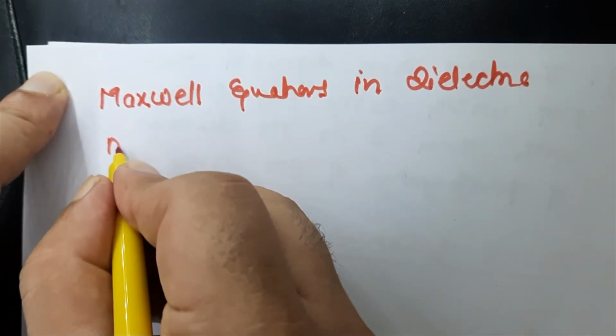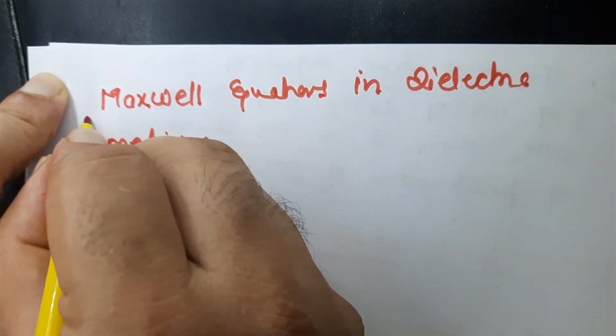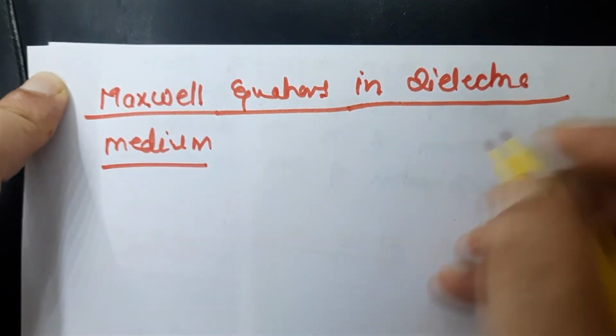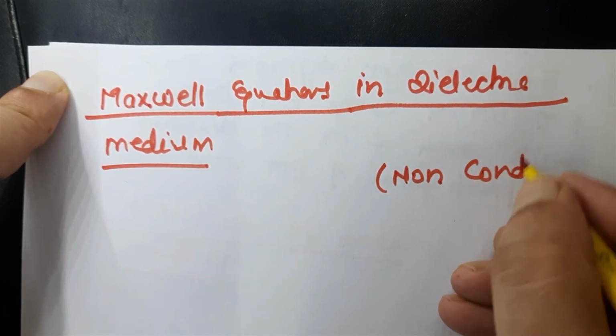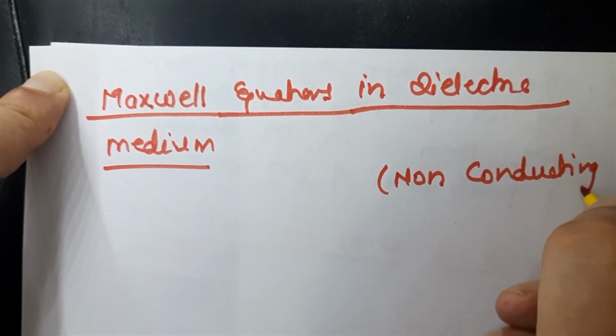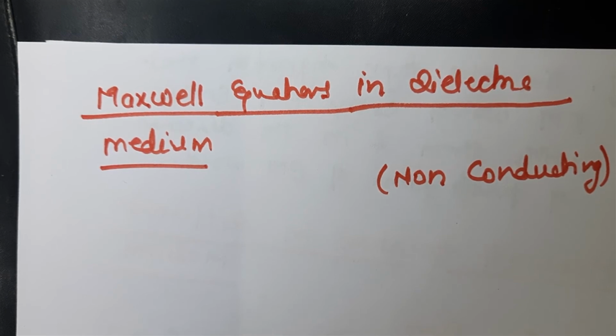When we say that the medium is dielectric, we mean to say that the medium is non-conducting. As you know, dielectrics are non-conducting insulators.